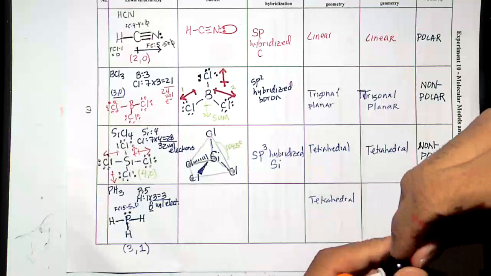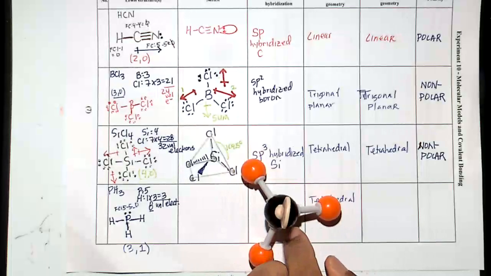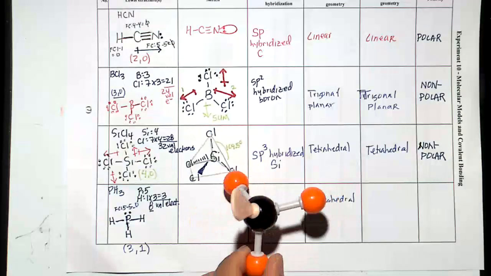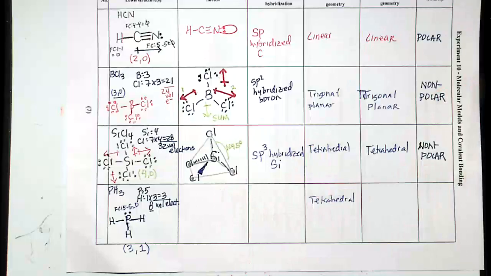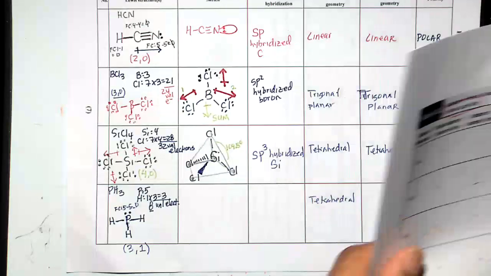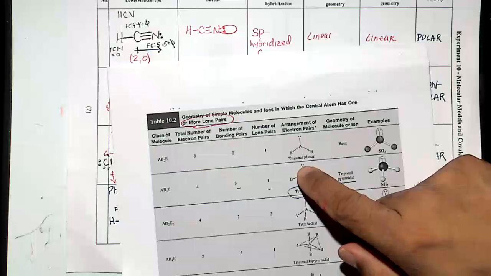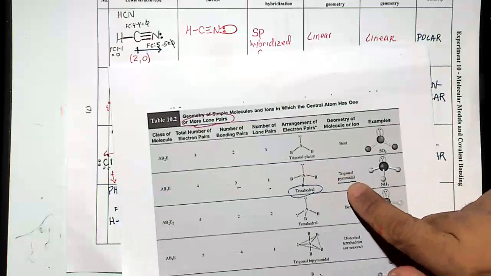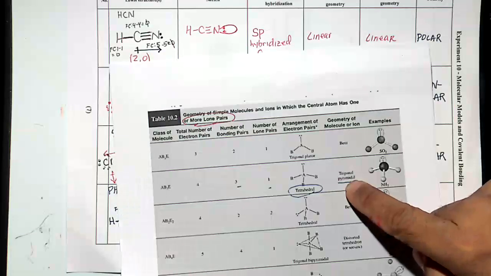What was once tetrahedral, we remove that atom, and now this atom has a lone pair. So now it's not tetrahedral. What will it be? Because we replaced this with a lone pair, we took away the atom, this is trigonal pyramidal. That's the molecular geometry.